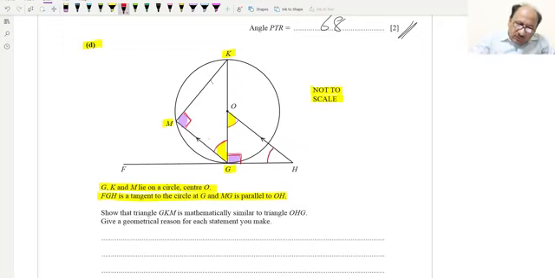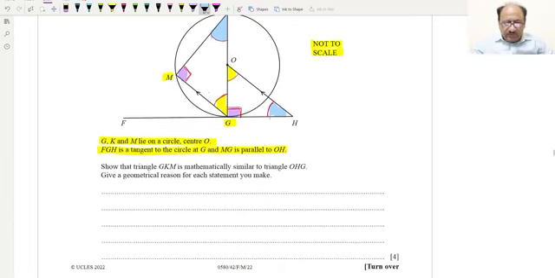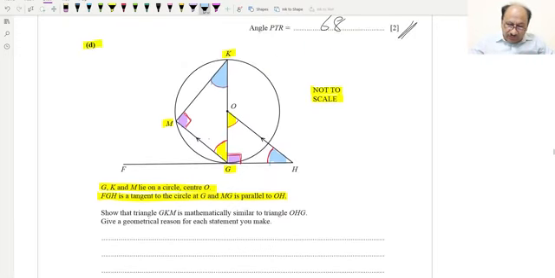The third angle will also be equal because two angles are equal. So this third angle is equal to this third angle. So three angles of these two triangles are equal, hence they are mathematically similar triangles.